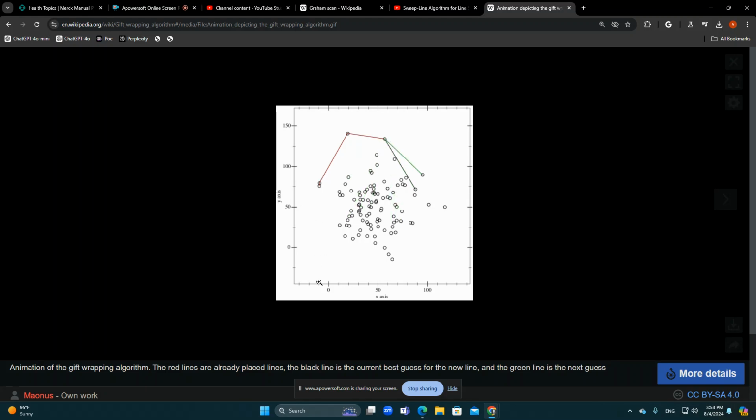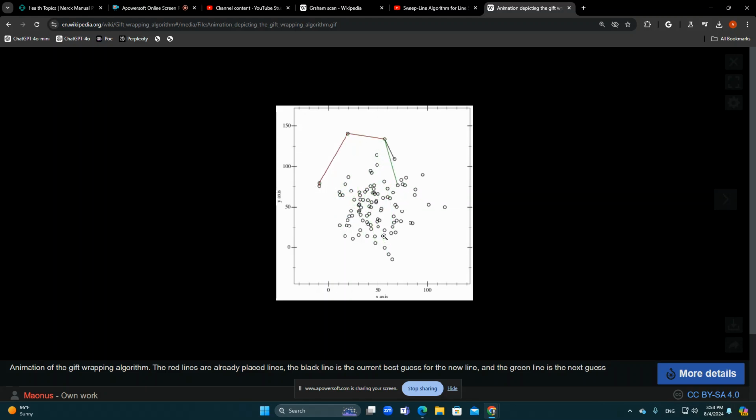If you are going from the downward direction, you want the lines that all the other points are to the left of.